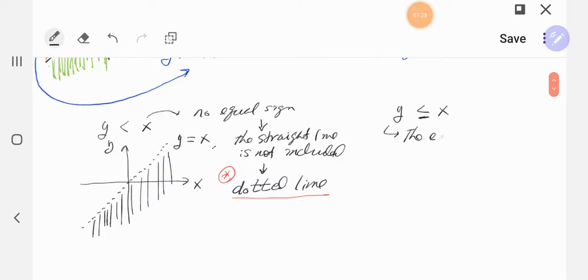The equal sign is included. Then what do we do?